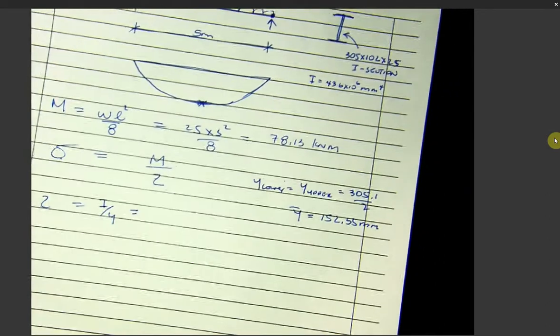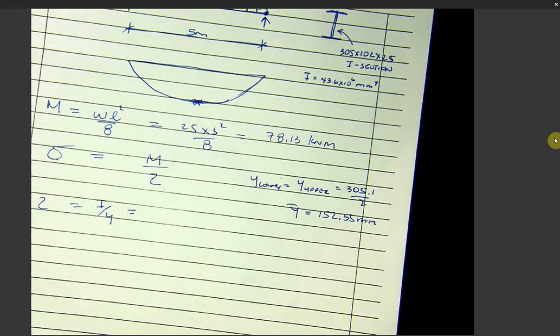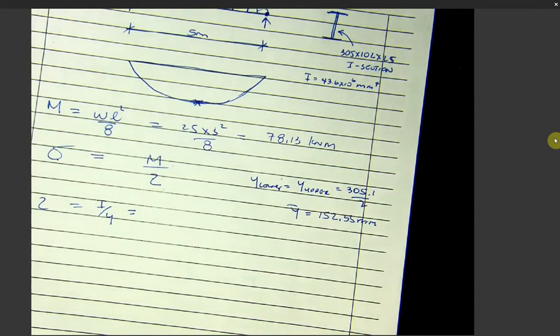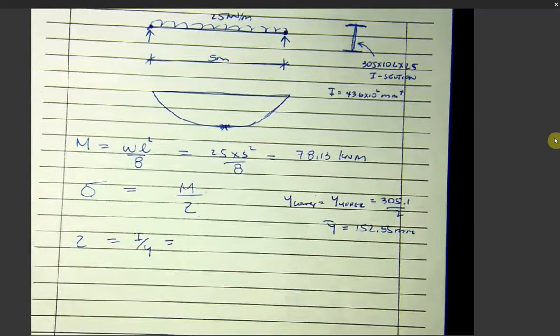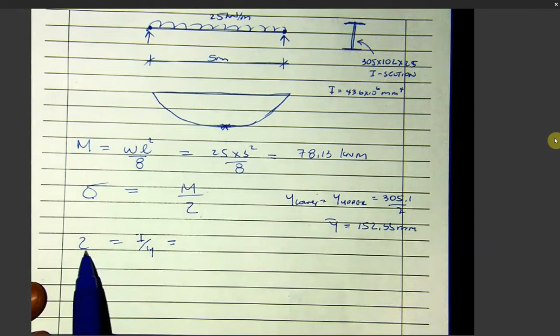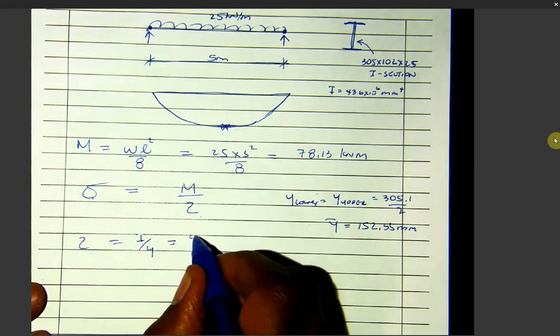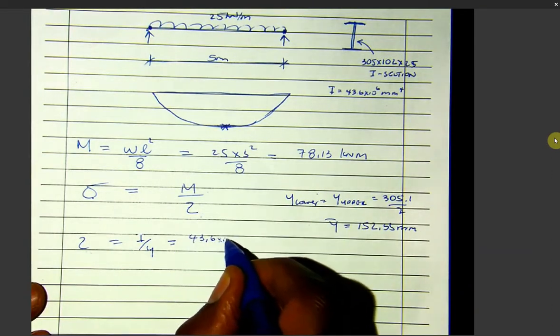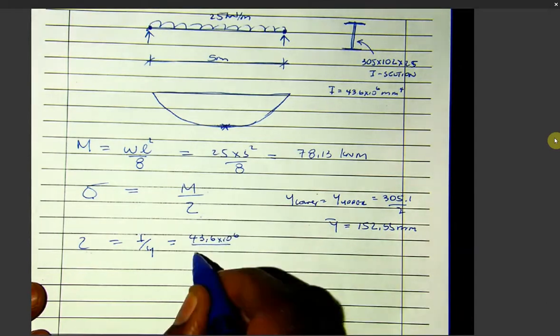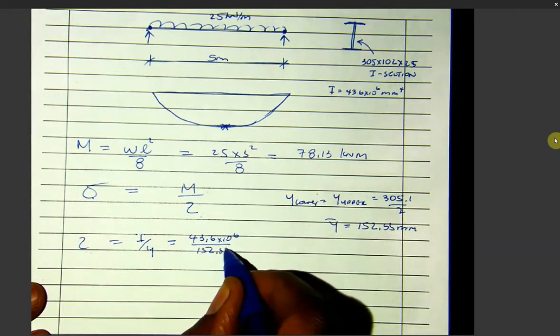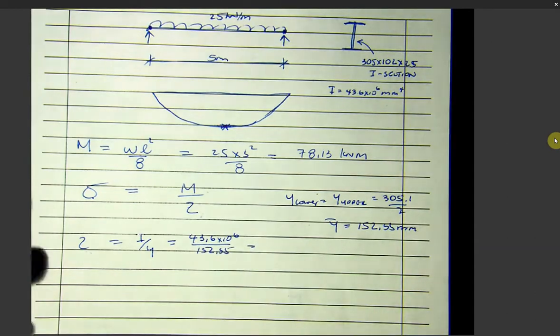In this case it's irrelevant which one, because the section is symmetrical. But where y lower and y upper are not equal, you must know which Z you are calculating. So my I is 43.6 times 10 to the power 6, my y is 152.55. I'm calculating Z now: 43.6 exponent 6 divided by 152.55.